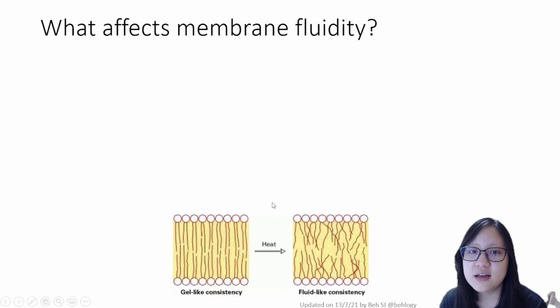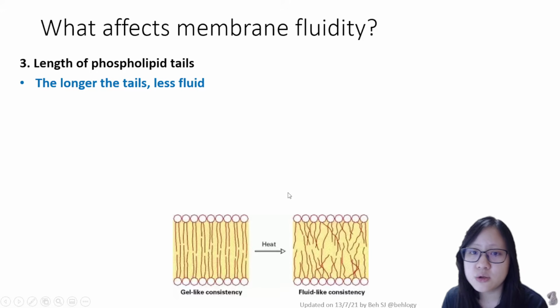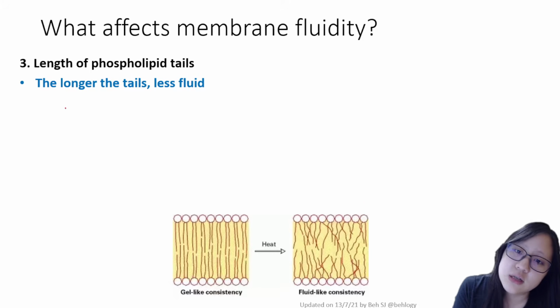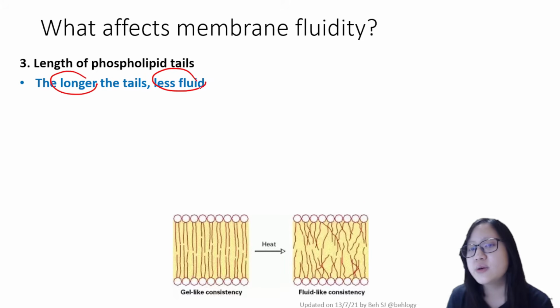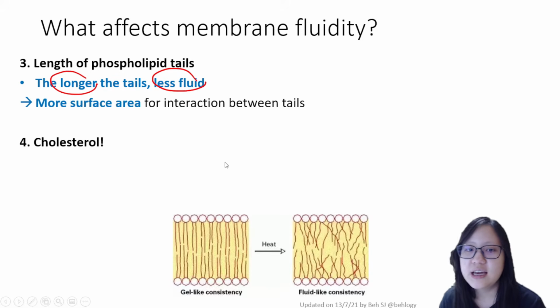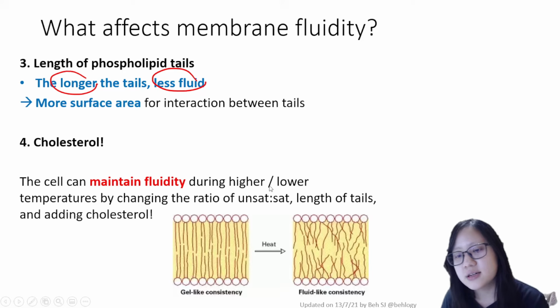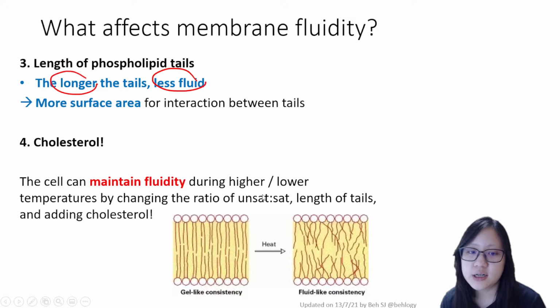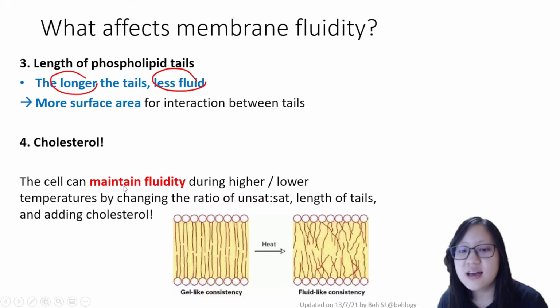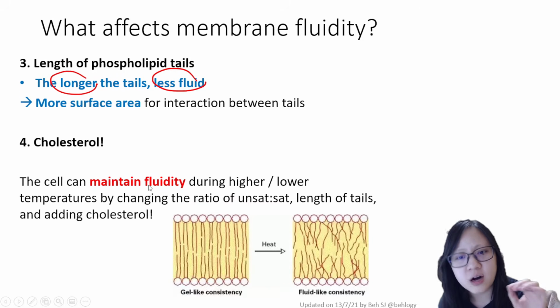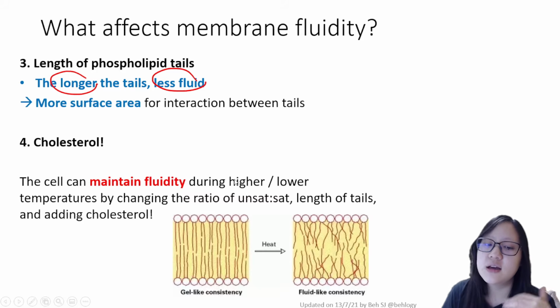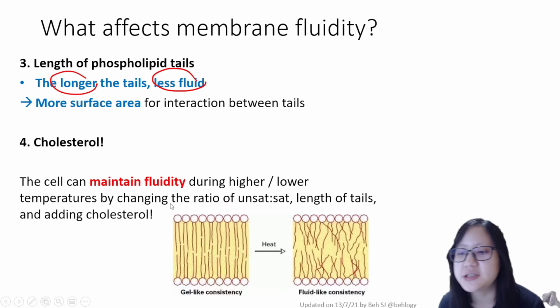The cells may also make the tails longer, so it's less fluid at higher temperatures, and maybe add some cholesterol. All these are to make sure that it's still functional, that the fluidity is maintained at an optimal state even at a higher temperature. Okay, that's just an example.